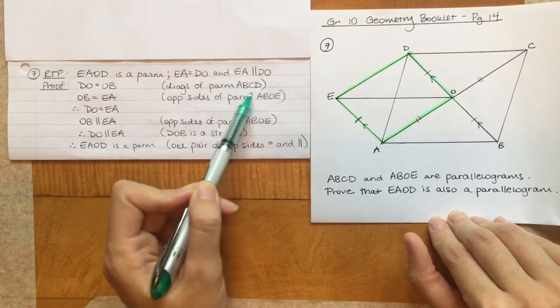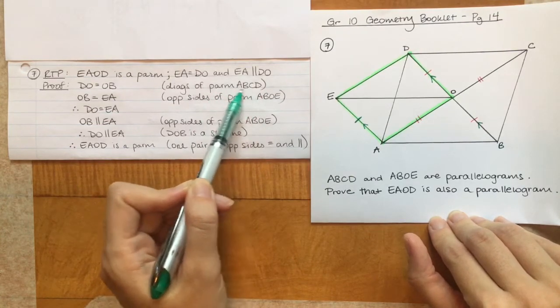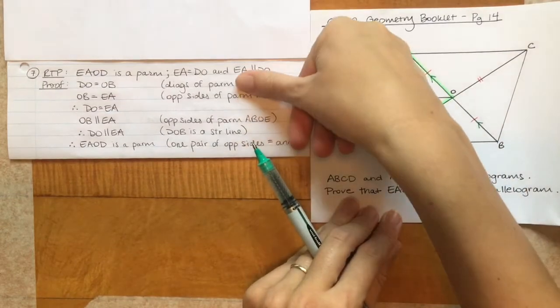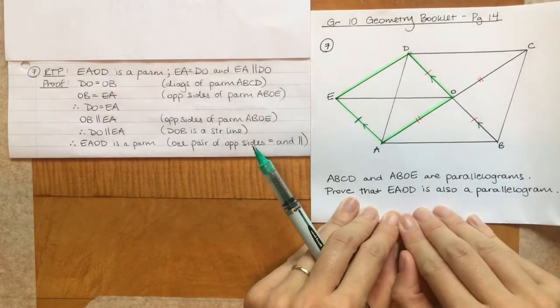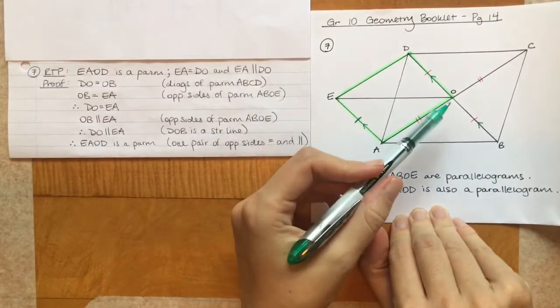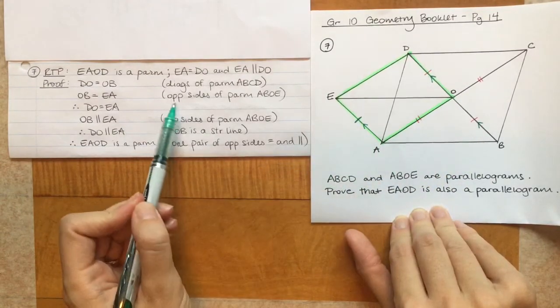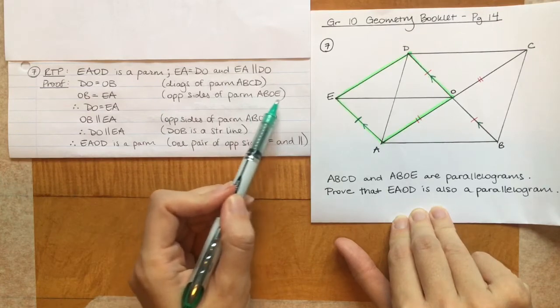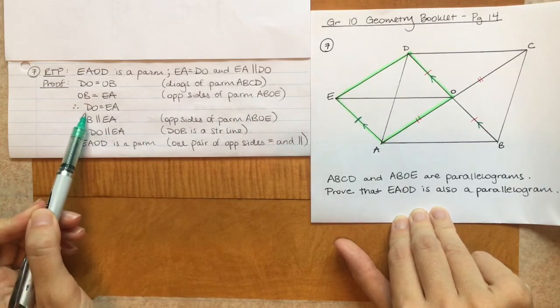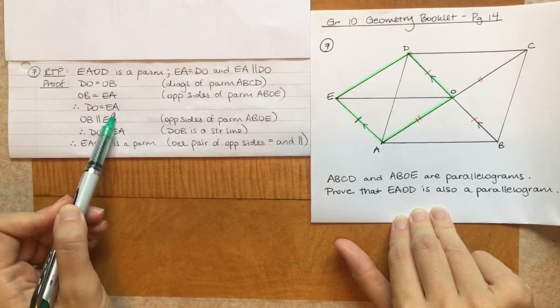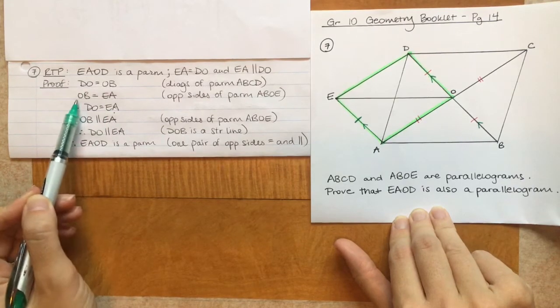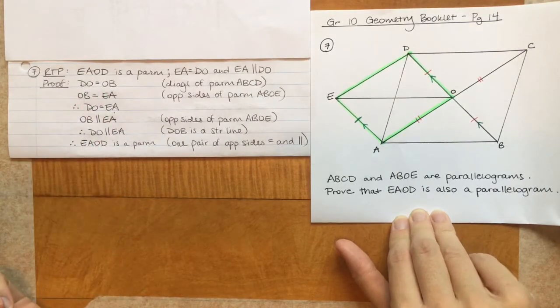I like to write which parallelogram I'm talking about, ABCD, but if you just wrote diags of parm, you would get the mark there. I have OB was equal to EA because they're opposite sides of ABOE. Therefore, DO has to be equal to OA because both of them are equal to OB.